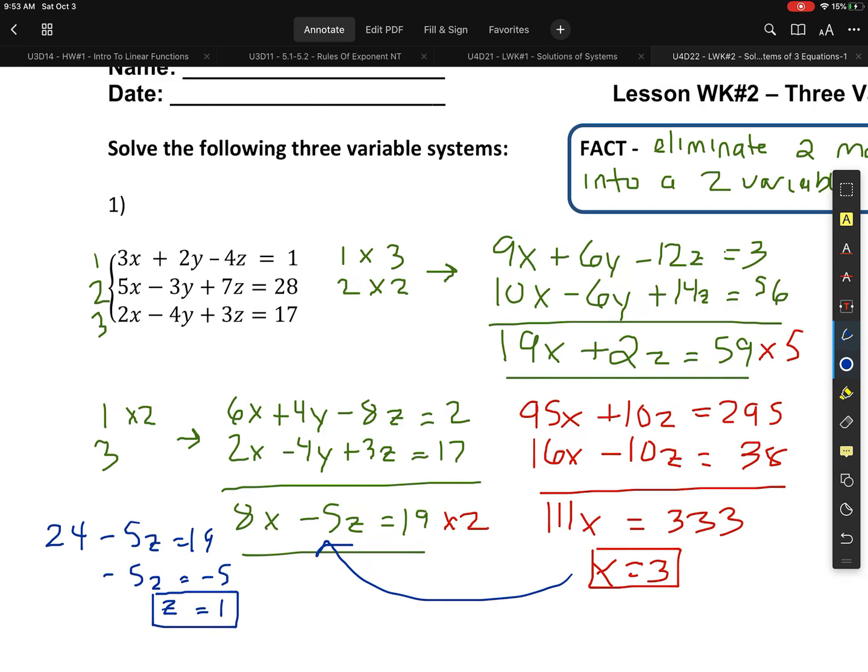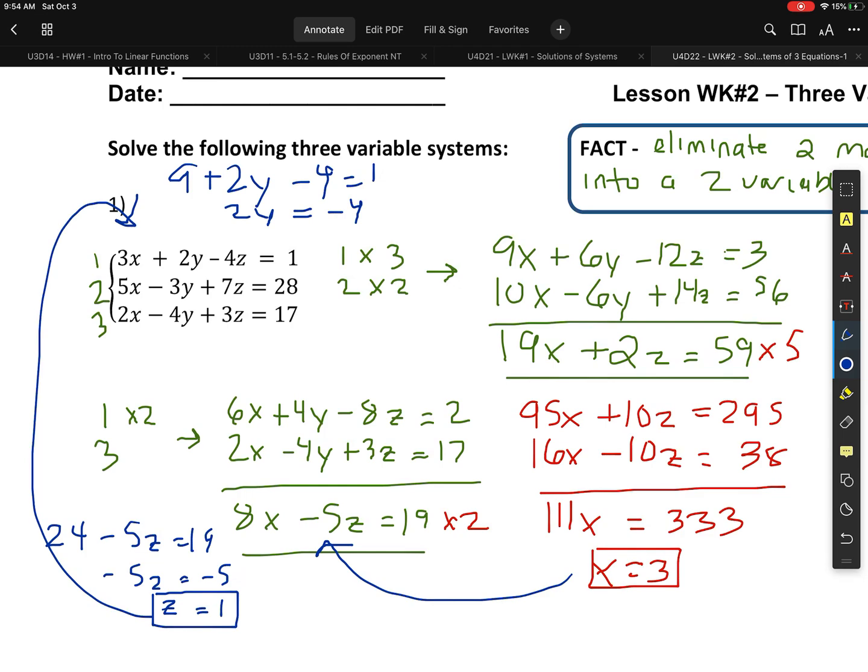Alright, so I got x, I got z. I'm moving on up to get y. So I'm going to use equation 1, 9 plus 2y minus 4 equals 1. 2y equals negative 4. Y equals negative 2.